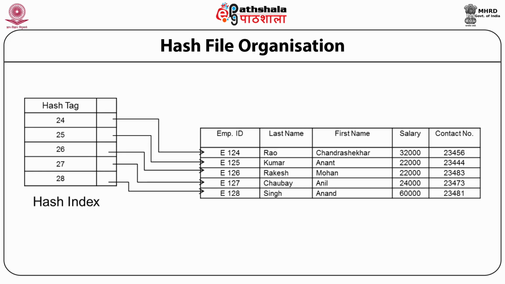You can see the hashtags generated for different records: 24, 25, 26, 27 and 28. This hashtag is used as the location of the file stored on the media, and this is actually a hash index which is used for locating the record on the storage media.